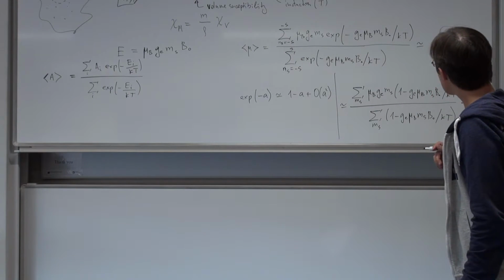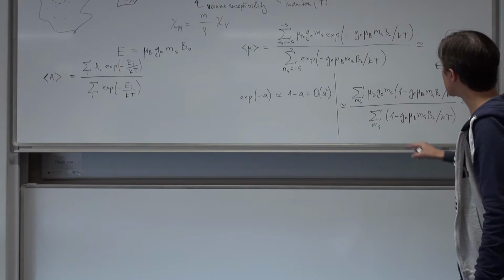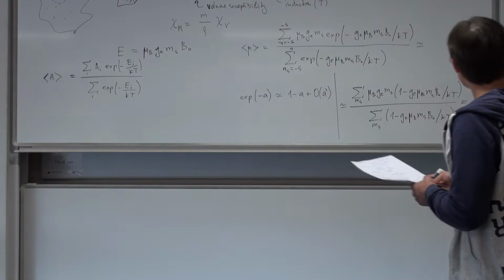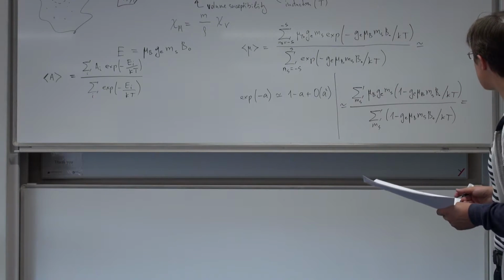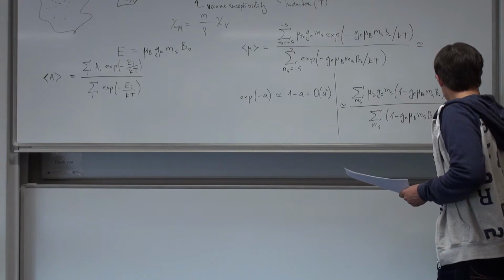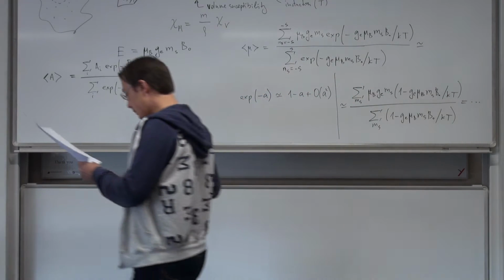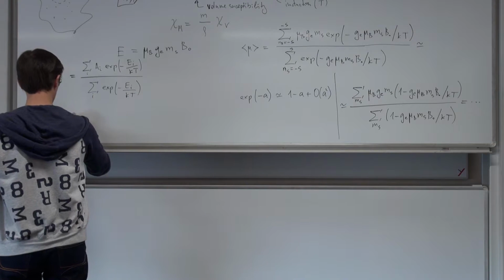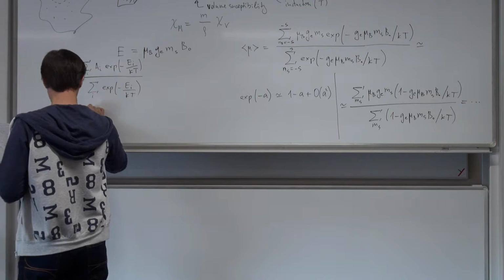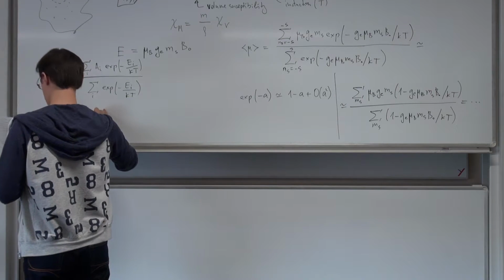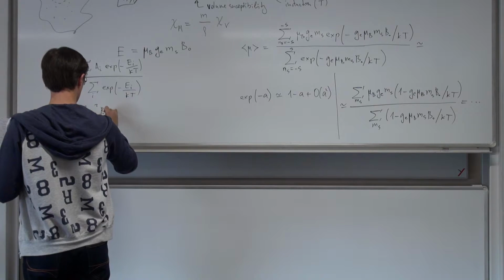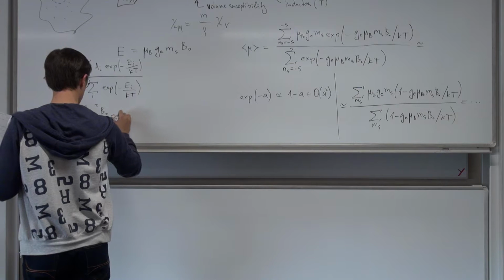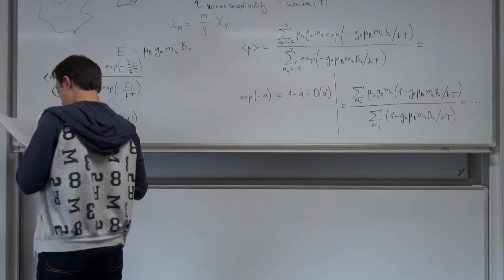Now, a little bit of mathematics later, what we simply need is to calculate the corresponding sums. This is not a calculus class, so I'll just skip the corresponding trivial algebraic transformations. What we arrive at is the following: minus g_e squared mu_B squared B_0 over 3kT times S(S plus 1).